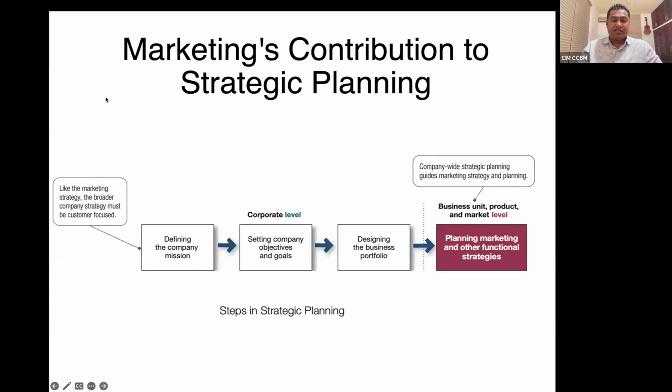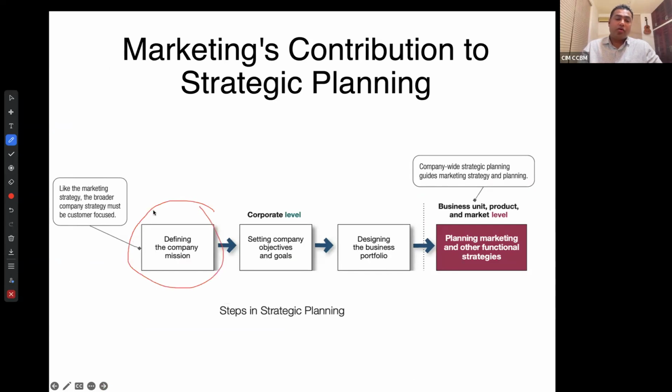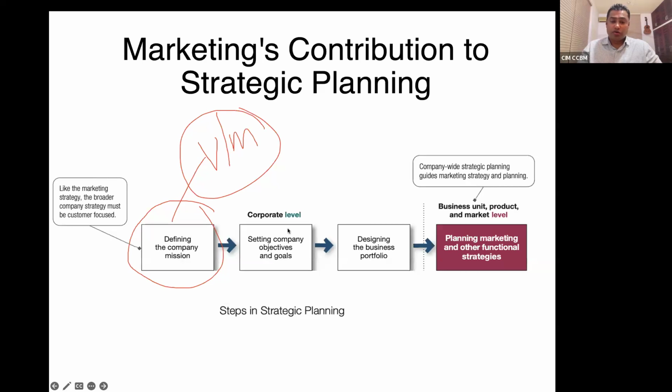Here's another diagram that connects both strategic planning and marketing planning. In the strategic plan, we spend a lot of time devising the vision, mission and long-term goals of the organization. We set long-term goals and objectives at a corporate level, at a C-suite level, the CEO and the board of directors, right?